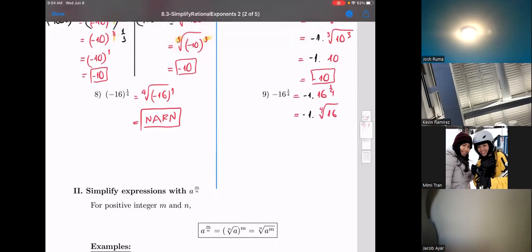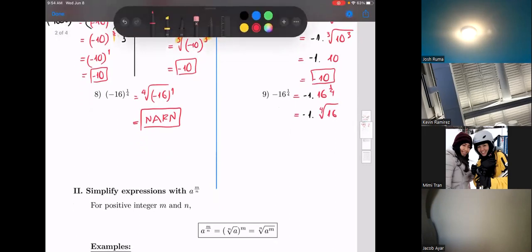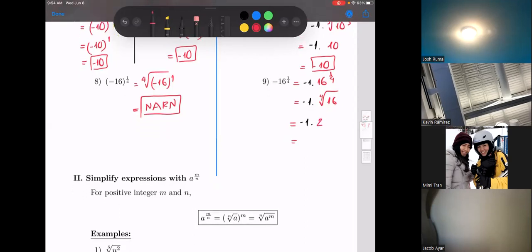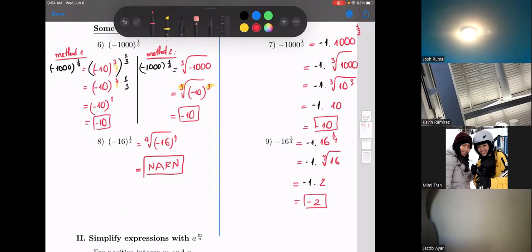Tell me what's the 4th root of 16 equal? Curtis? 2, thank you. So -2. So you see the difference between the parentheses and no parentheses for the even root? There's a difference.